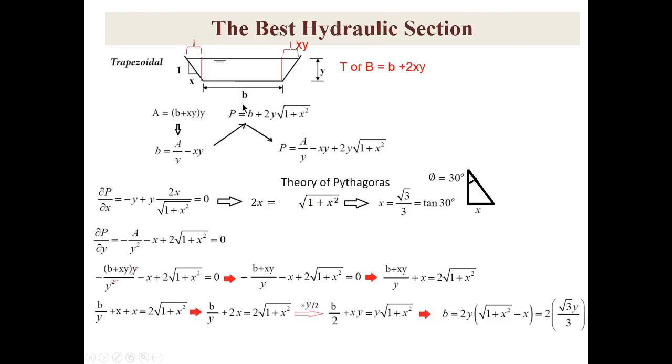So our duty is to differentiate this wetted perimeter equation. Here you see that I have three parameters, b, y, and x. But if you remember, in the rectangular section we replaced b with another function that can come from here, and then our wetted perimeter would be a function of A, y, and x, and we know that A is constant.